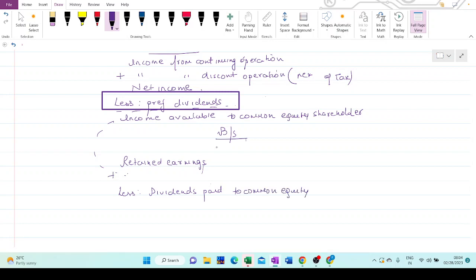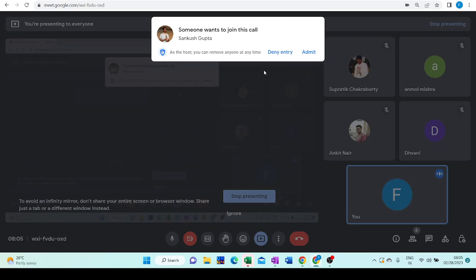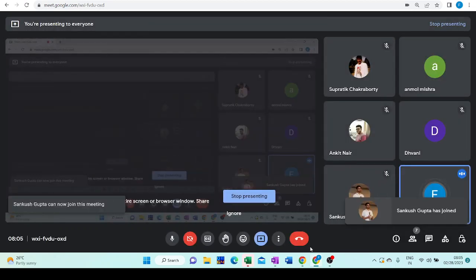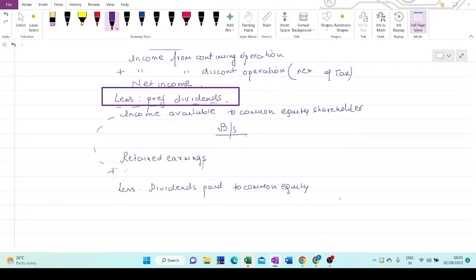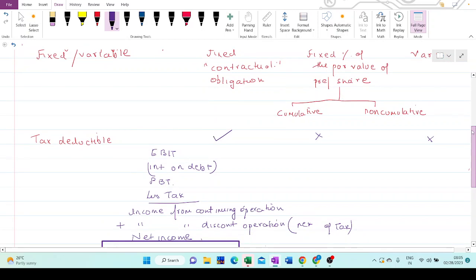So since dividends paid to common equity do not feature in the income statement, there is no chance that they would reduce my PBT, right? So dividends to common equity shareholders are not tax deductible. They do not result in any tax savings, just like preferred dividends.